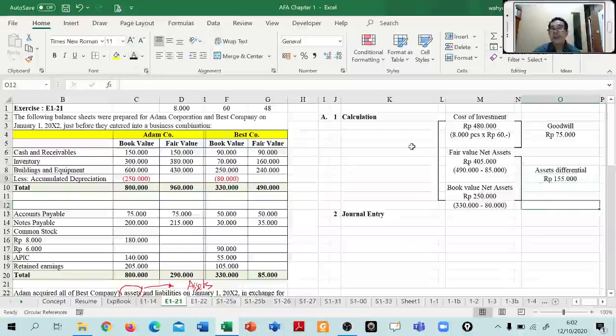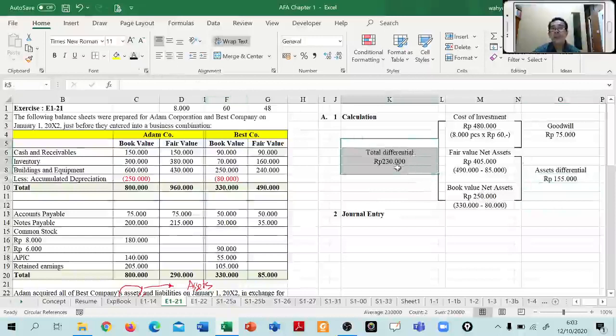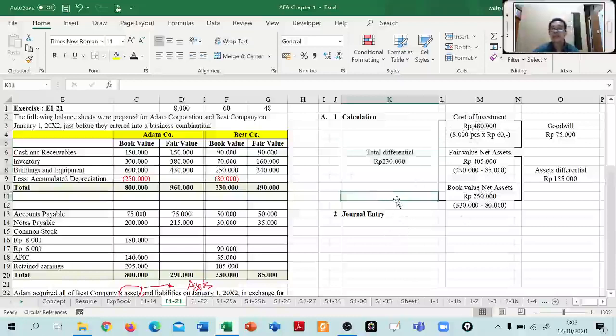So the total difference is 230,000, from cost of investment minus book value of net asset. Okay, in this calculation we get the goodwill.